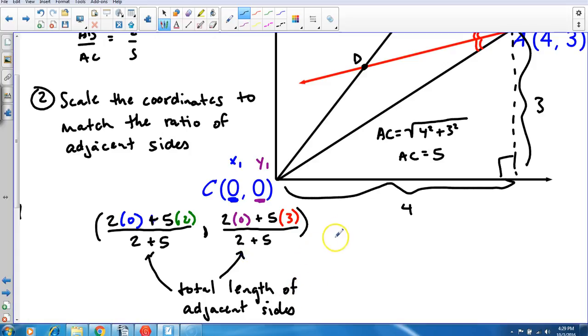All right, so what we're going to look at here is just a little simplification. 2 times 0 I know is 0, plus 5 times 2 is 10. So my x coordinate is actually at 10/7. My y coordinate for this intersection is going to be 15/7.